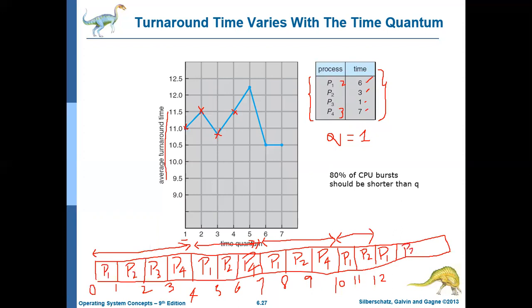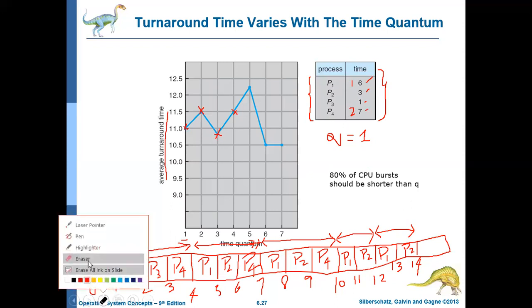That is, P1 will complete at the 13th millisecond, and P4 will release the processor at the 14th millisecond. So this is the fifth round. After 5 rounds, P1 needs 1 more millisecond to complete, and P4 needs 2 more milliseconds to complete. So during the next round, what happens?